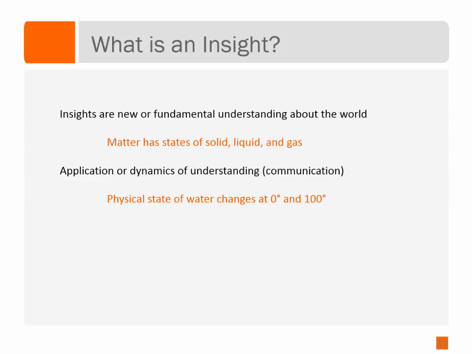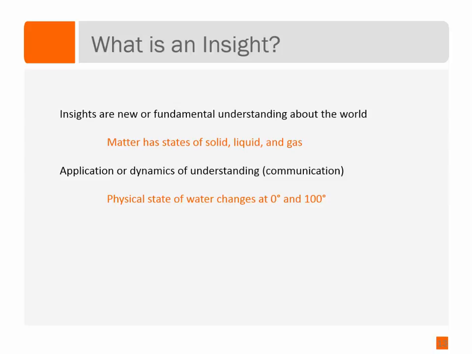The information that we had determined is that physical states of water change at 0 degrees and 100 degrees. Now our insight might be that we have this new or fundamental understanding about the world that all matter has different states of solid, liquid, and gas.